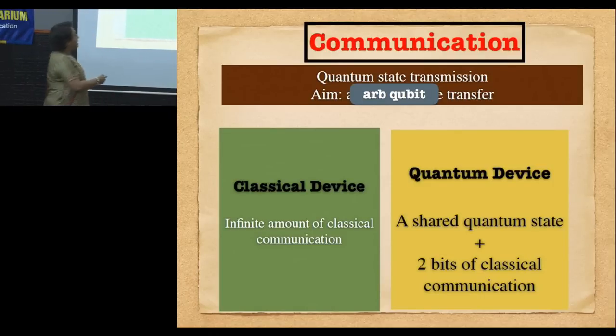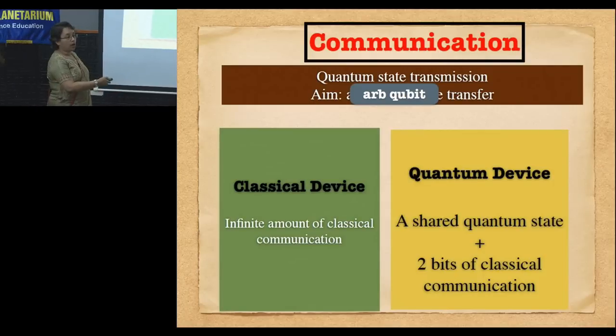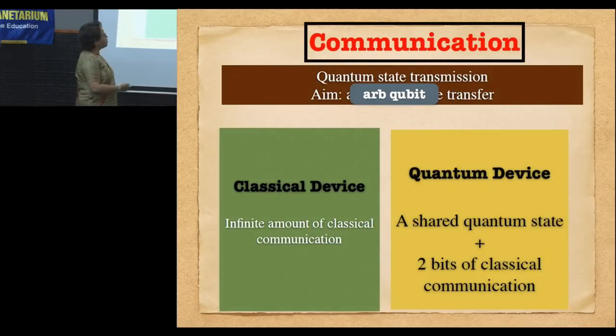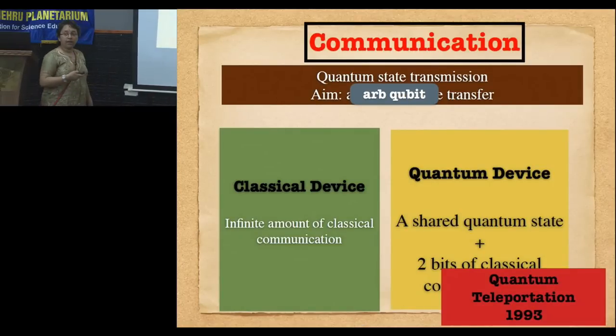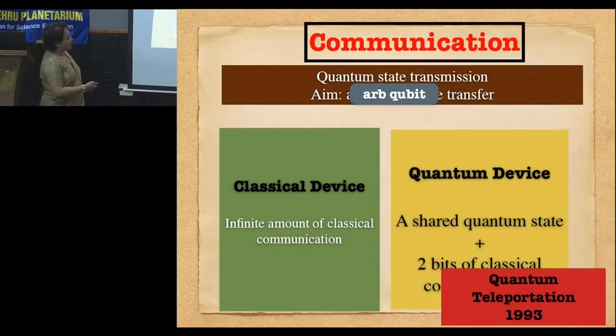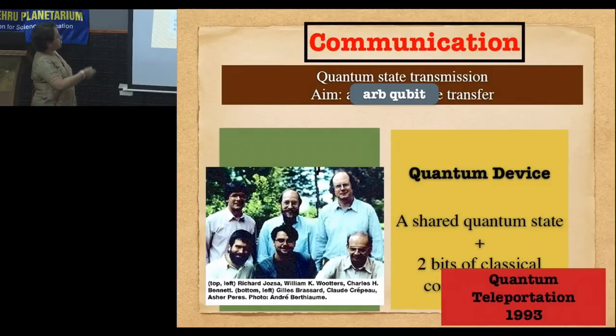So, you see an infinite resource reduction by using this quantum state or that quantum bridge that I have talked about. This is the quantum teleportation protocol introduced in 1993 by these 6 people.